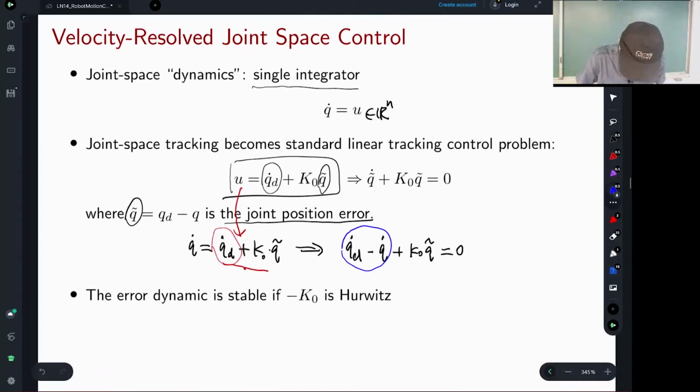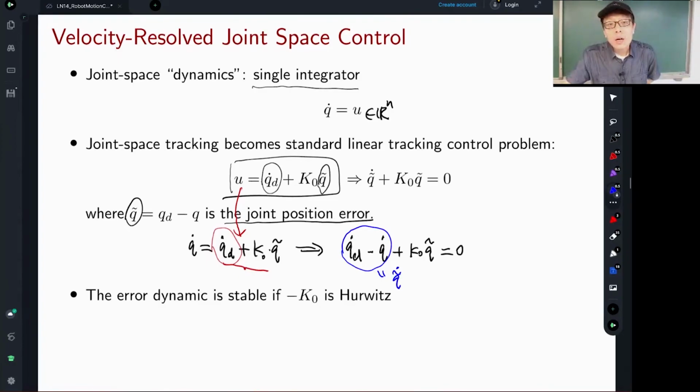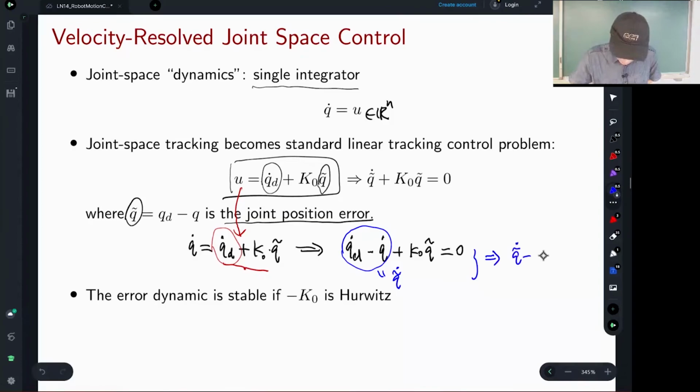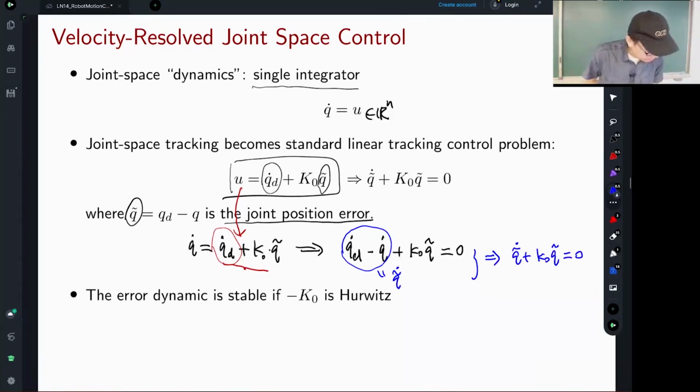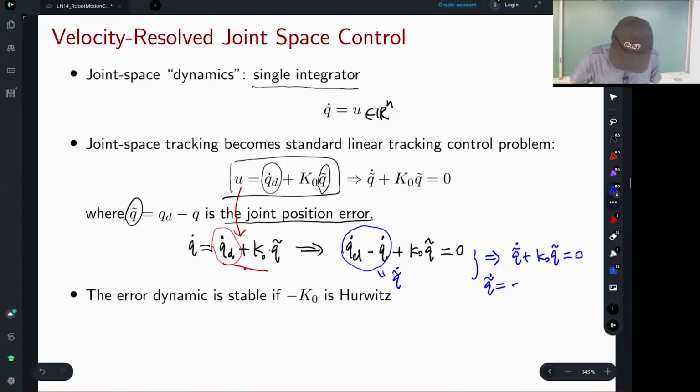What about this term? This is Q tilde dot. So what we have is Q tilde dot plus K0 Q tilde equal to 0. Or, more explicitly, Q tilde dot equal to negative K0 Q tilde.